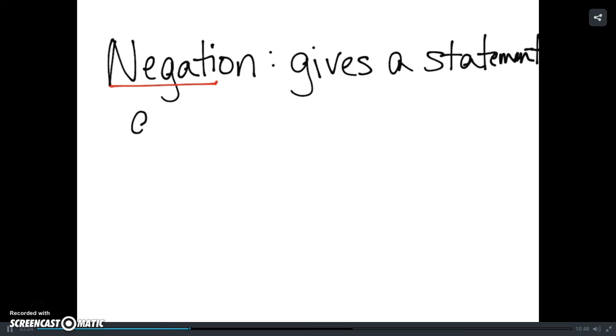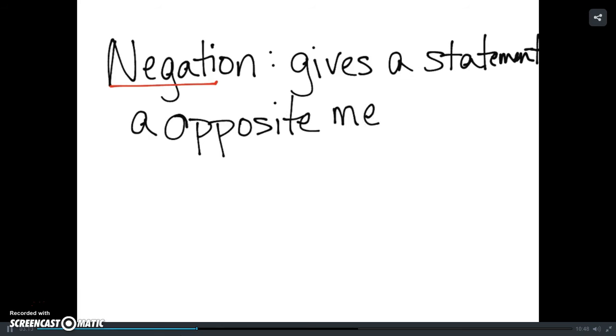It gives a statement an opposite meaning and truth value.